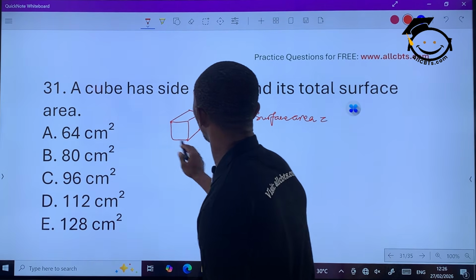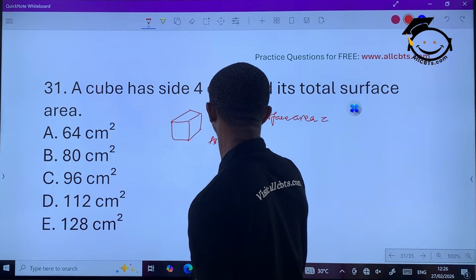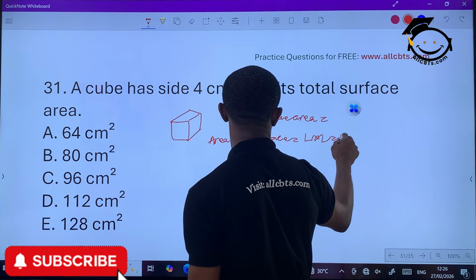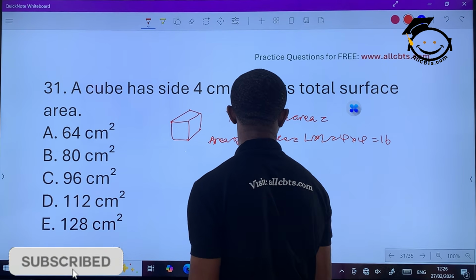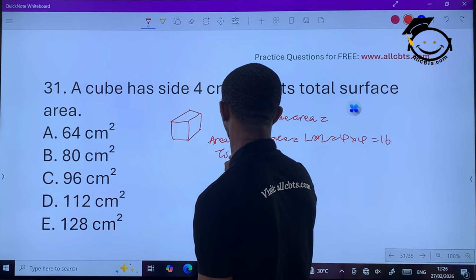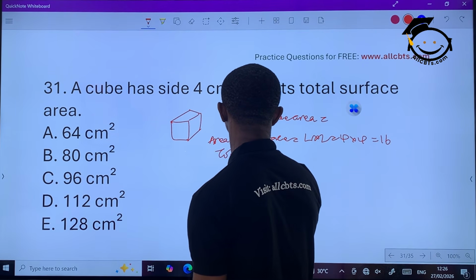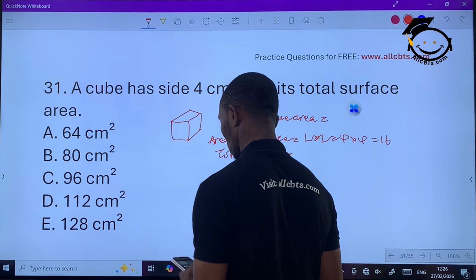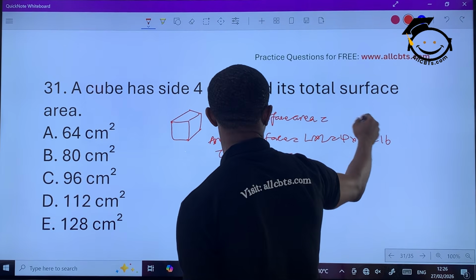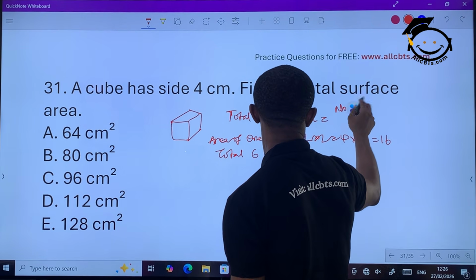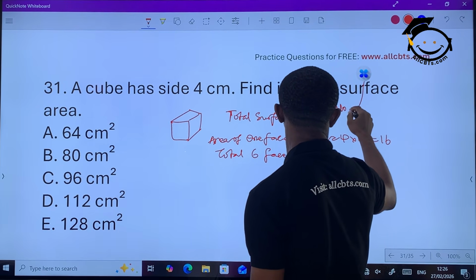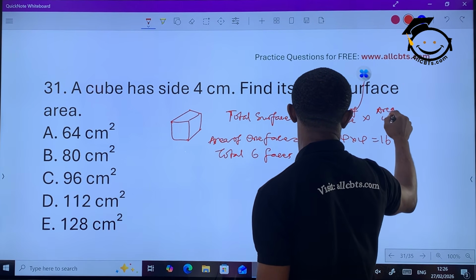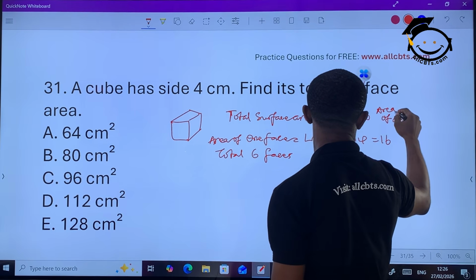okay, our area of one face will be length times length, which is 4 times 4, which gives us 16, and it has a total of 6 faces. Our total surface area will be number of faces times the area of one face.